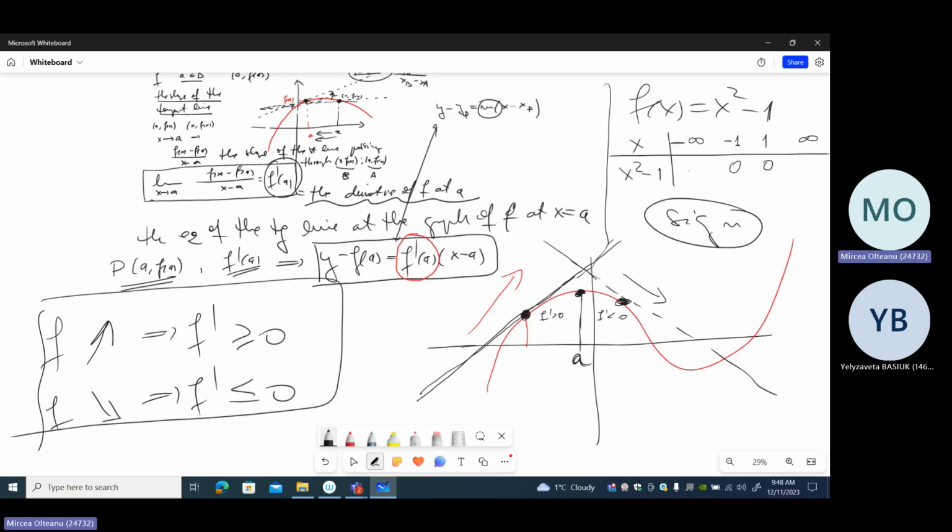The sign of this function looks like this. On the interval minus infinity to minus 1, it is positive, then it is negative, and then it is positive again. And what can we observe? That when the function is changing the sign from positive to negative, it must take the what value? The zero. It cannot change from positive to negative, or from negative to positive, if it doesn't take the value zero. Think a little bit, and it's normal.